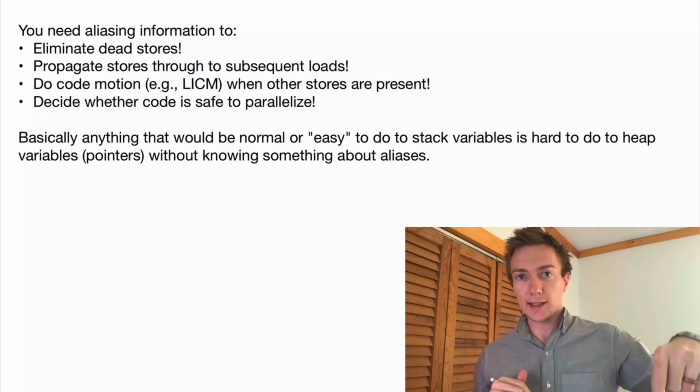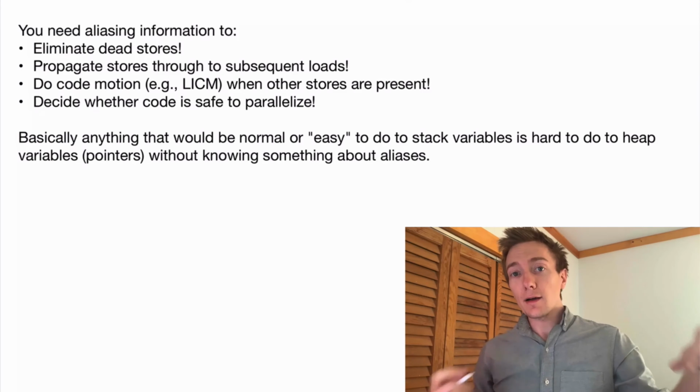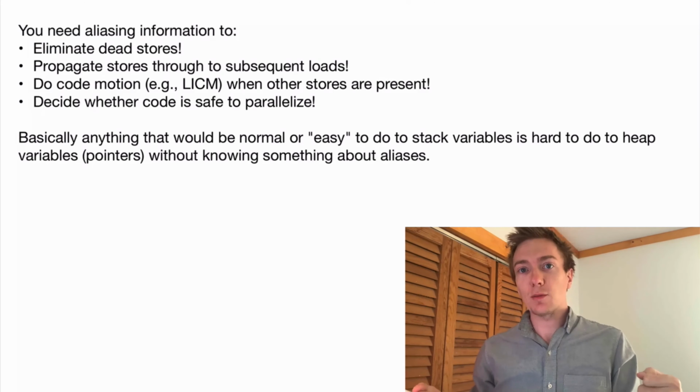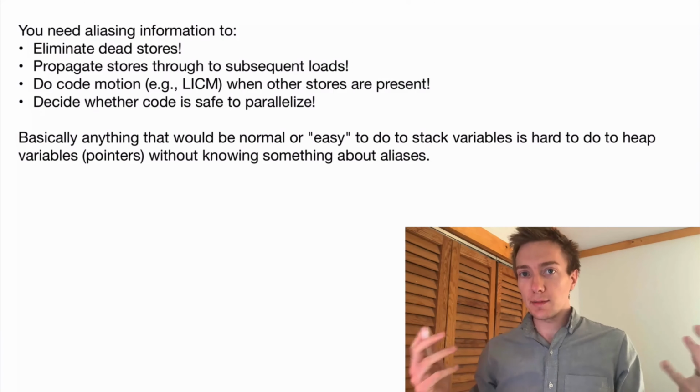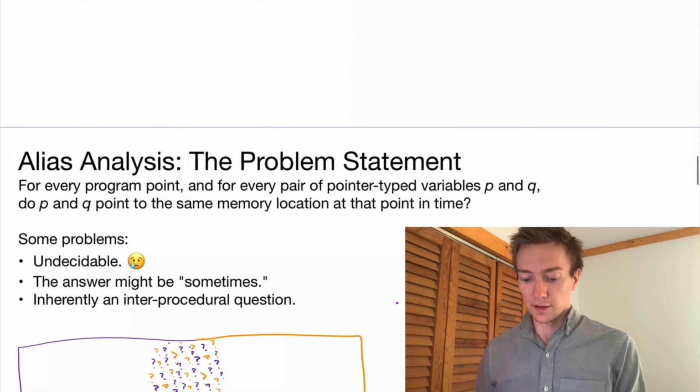That is, when one writes, the other one doesn't need to subsequently read the value that one wrote. And that is often true if you know that the pointers involved can't possibly alias each other. But when aliasing is involved, you have to make conservative assumptions, and all your attempts at automatically parallelizing code are immediately ruined. So alias analysis is a really important analysis to do for all of these optimizations, basically to do anything with code that involves pointers.